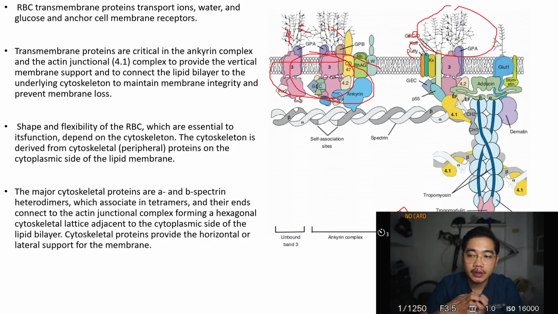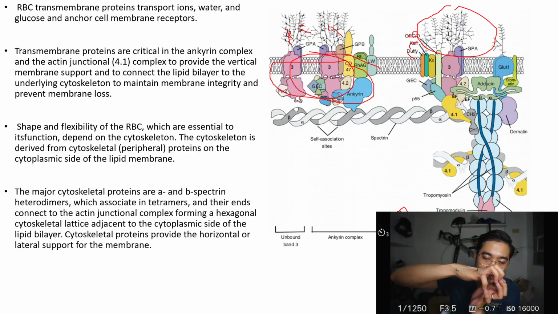Because remember, dili ideal ang shape sa imuhang RBC. Meaning, what I say, it's not ideal, it's not natural, no? It really needs to hold its shape like that, the biconcave disc, no? It really needs it to hold its kanang shape like that, and it's an active process, kumbaga, because you really need to maintain the protein complexes, kani imuhang ankyrin complex and actin junctional complex, to provide the vertical support na ma-flat lang siya by concave disc.